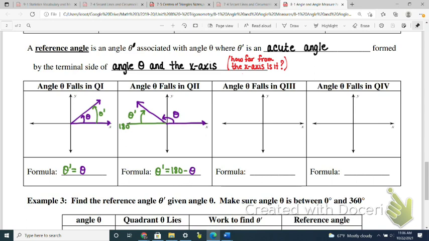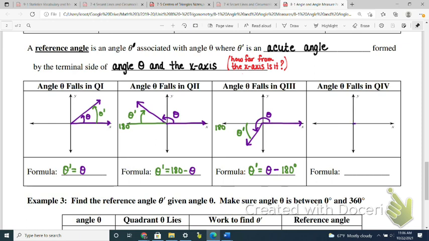If it lies in quadrant 3, so here's an angle. So that's my theta. My reference angle, again, here's my closest x-axis. So this is going to be my reference angle. So this again is the 180 line, but it went past that. So to find your theta prime, it is going to be your theta, because it went past it, minus the 180 degrees.